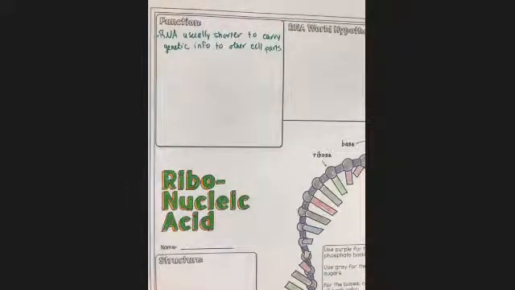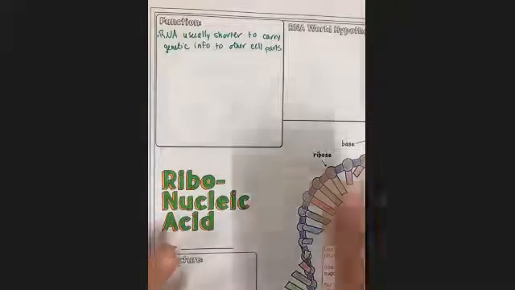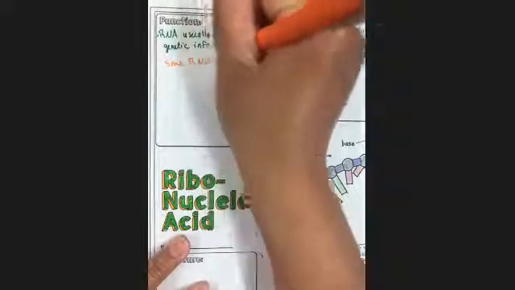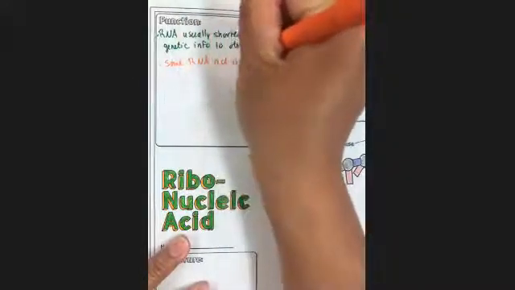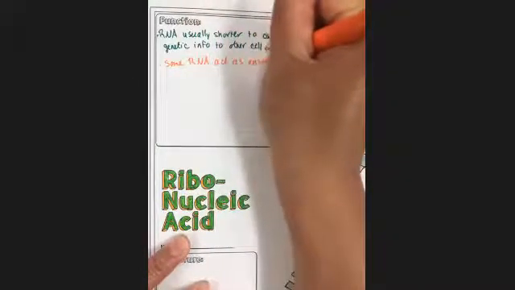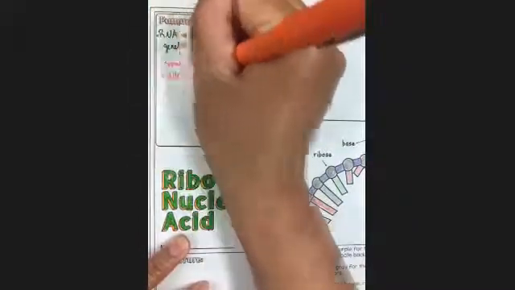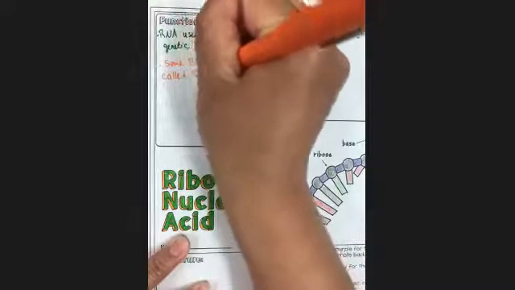We also have a special type of RNA called ribozymes, and they essentially act as enzymes. So some RNA act as enzymes, and these are called ribozymes.